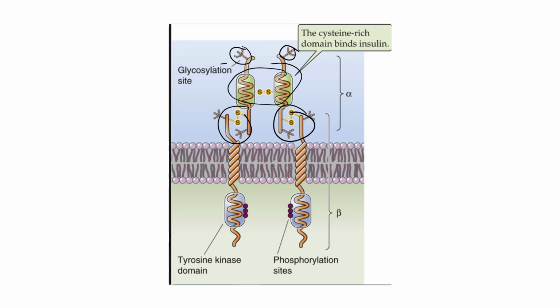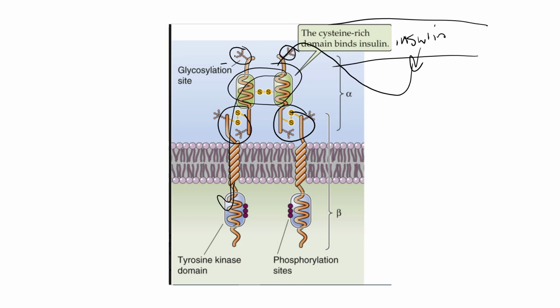Insulin comes along in the bloodstream, leaves the bloodstream into the interstitial fluid, and binds to the binding sites within the alpha subunits. And when insulin binds to the alpha subunits, that results in the activation of the tyrosine kinase domains that exist in the beta subunit.